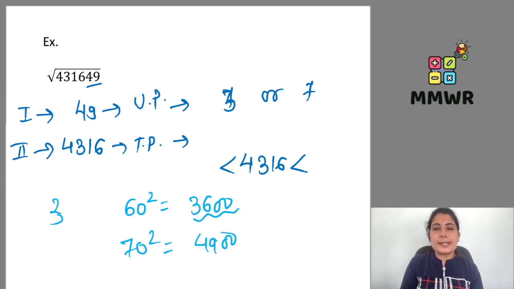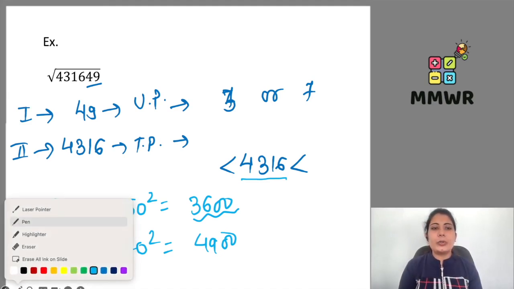We want a 4-digit number. So how are we getting 4 digits? When we take the square of 60 and 70. So somewhere in between 60 and 70 we will get it, because 4,316 is between 3600 and 4900. We have to make this range much smaller.